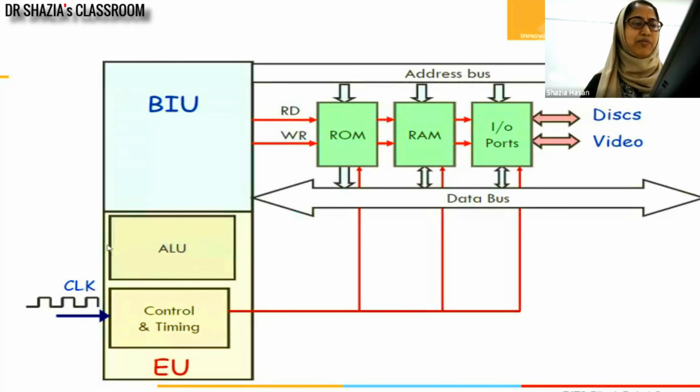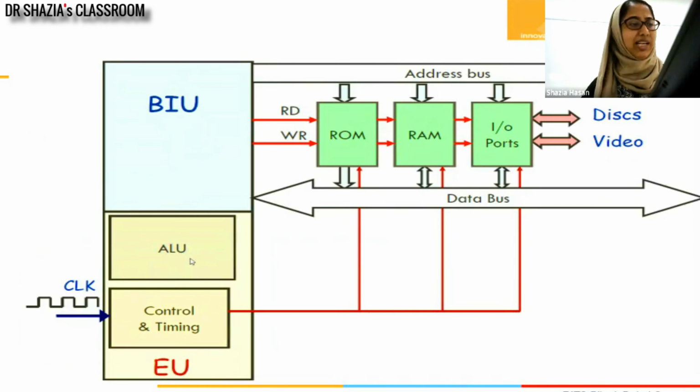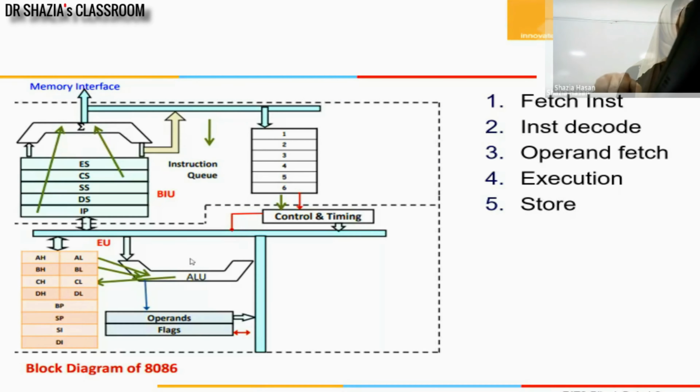So this is the basic block diagram we discussed. I will go into a little more detail of the BIU part and the execution part, about what units we have under the BIU and the execution unit, so that you can understand which parts of the CPU I, as a programmer, am going to use.